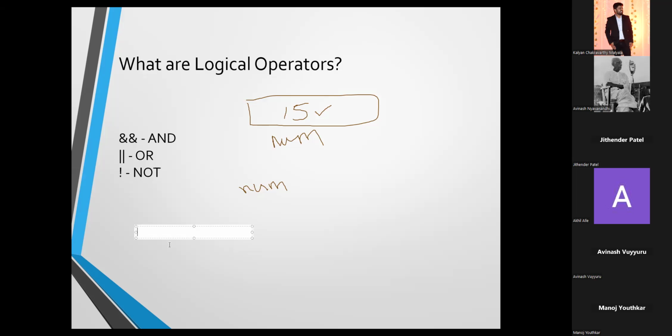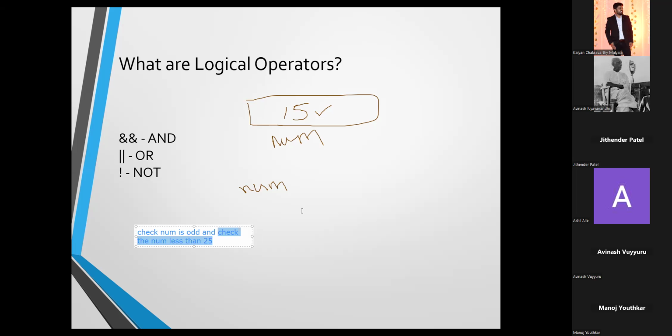Check the number is odd, and check the number is less than 25. Now, how many conditions are there here? Two conditions. These two conditions I want to check at a time.